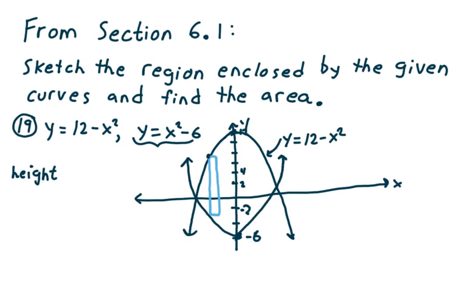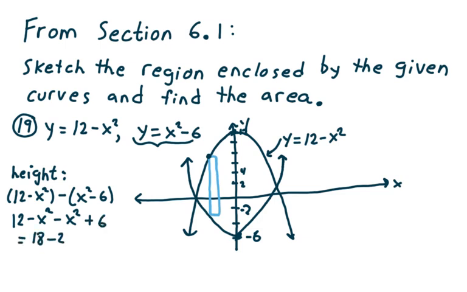The top equation is 12 minus x squared, and the bottom equation is x squared minus 6. So I'm going to subtract off x squared minus 6 to get that total height. If I distribute the negative, I get 12 minus x squared plus 6, which is 18 minus 2x squared, right?